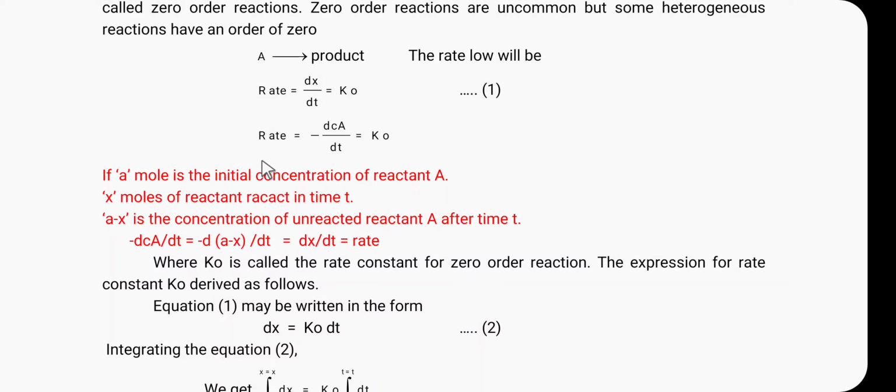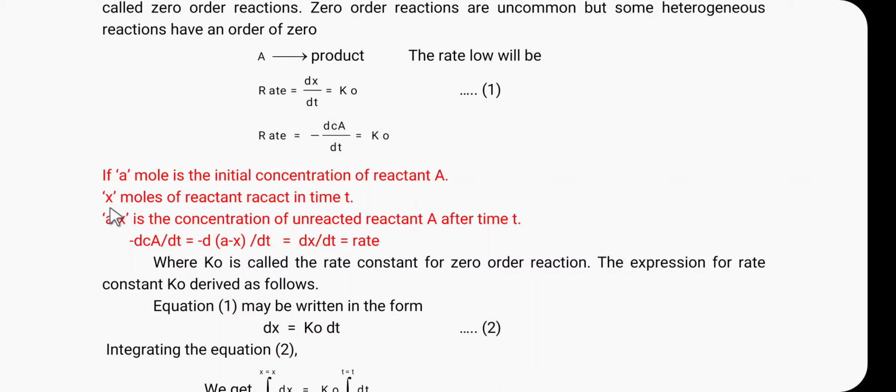Friends, in chemical kinetics, when we derive the expression for the velocity constant for zero order, first order, second order or third order reaction, three terms are very important. The first term is small a, the initial concentration of the reactant A. So A gives product, and the initial concentration of A is small a.